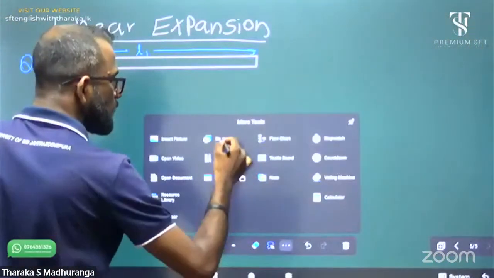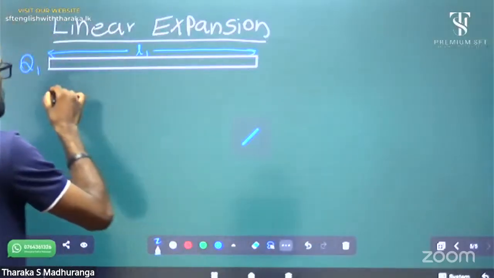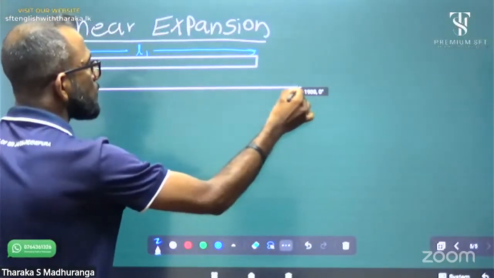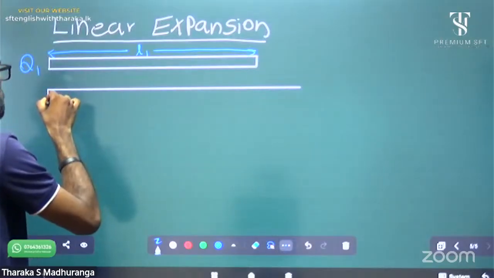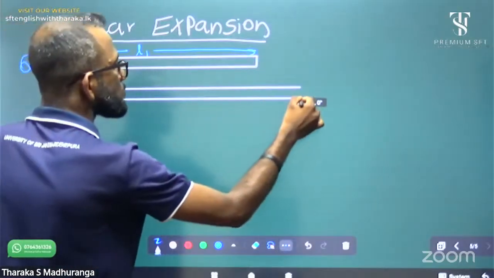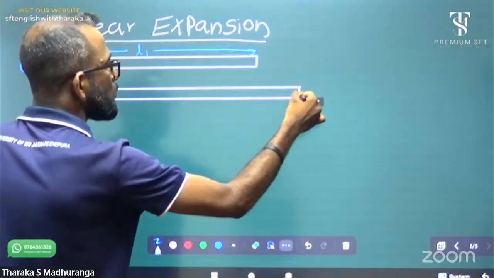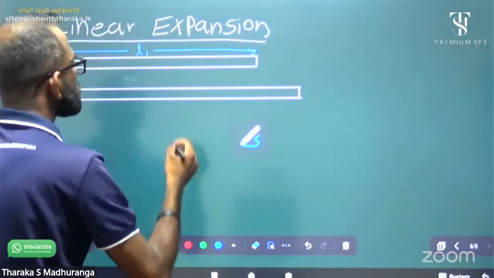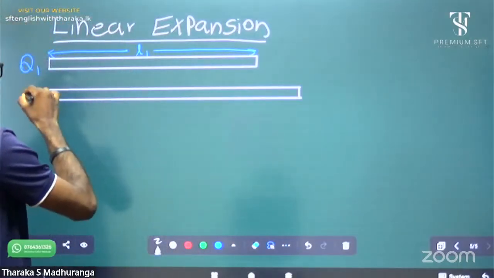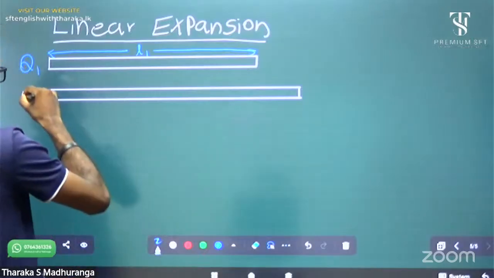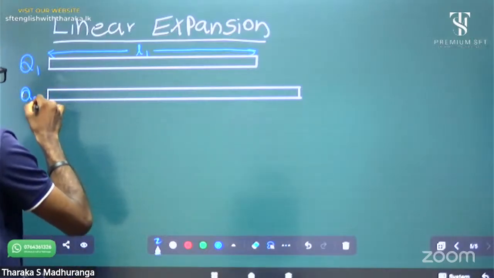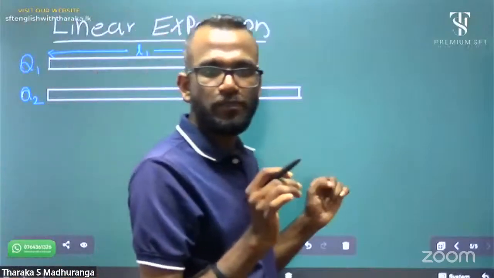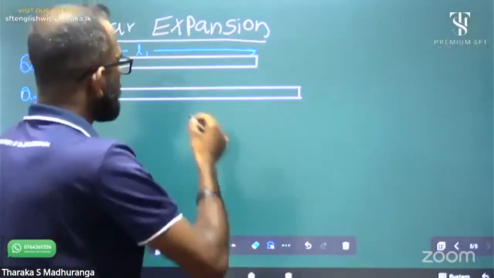Now, if it is heated up to theta 2 Celsius, the length increases up to L2.